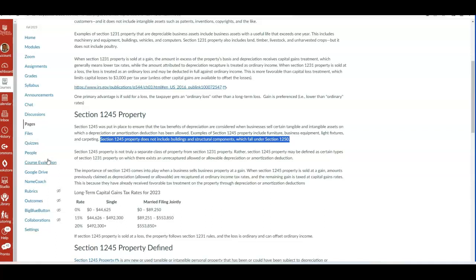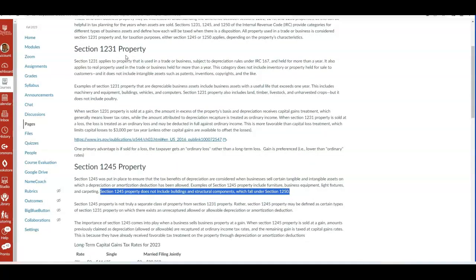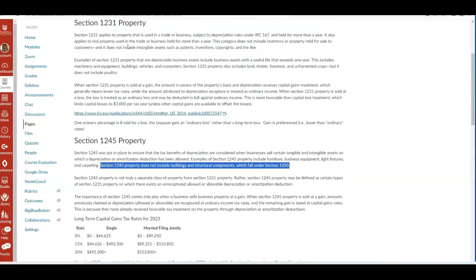That is 1250. So anything besides buildings normally falls into 1245. Buildings are 1250. Section 1245 property is not truly a separate class of property from Section 1231. That means Section 1231 is the umbrella and Section 1245 is right below that umbrella. Literally a portion of that is 1245. Anything under the umbrella of 1231 might be either 1245 or 1250.